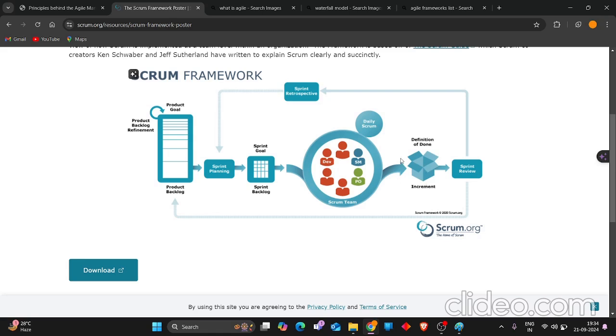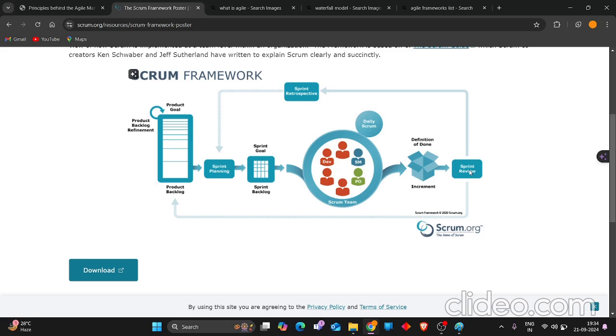After that, there is an increment, the definition of done. In this increment, a sprint is over. The feature which the client needs in the first sprint is done. After that, sprint review.